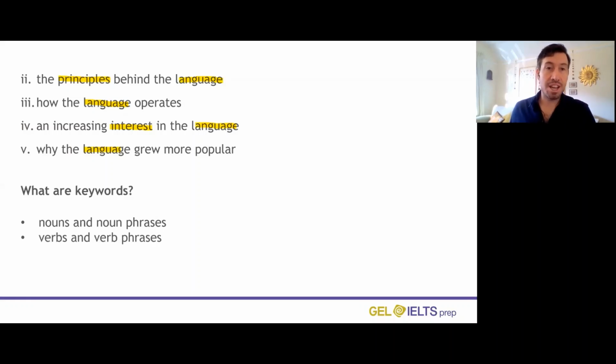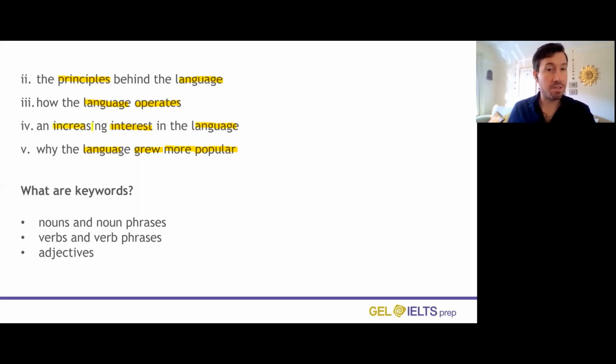You'd also want to highlight any verbs or verb phrases. So here we can see the verb operate, and we can see grow as well. So we want to highlight those. Other things that would be considered keywords are adjectives. Now we can see we've just got one adjective here, which is popular or more popular. So we'd want to highlight that as well.